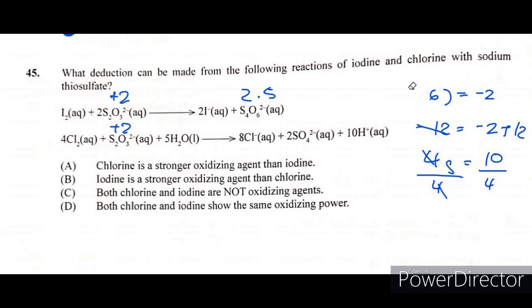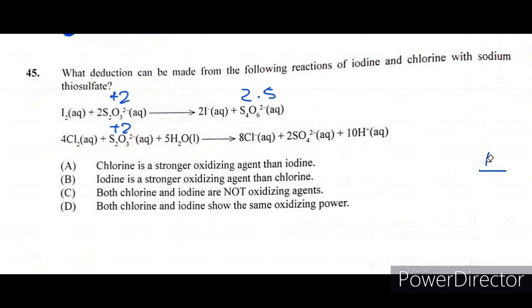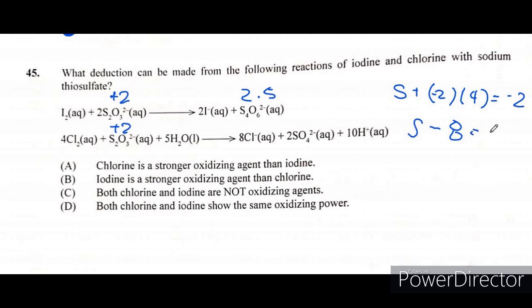Now let's look at sulfur in the equation with chlorine. We have S plus minus 2 times 4 is equal to minus 2. 2 times 4 is 8, minus 8, so minus 2, S is equal to 8 minus 2, that's 6, right?